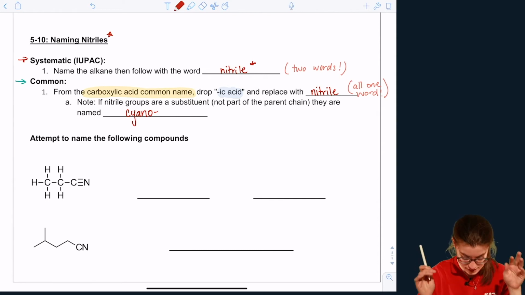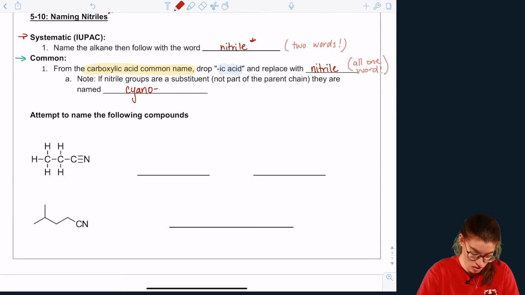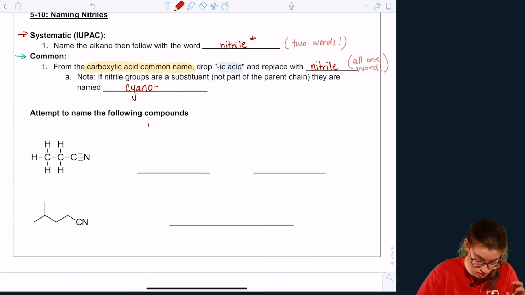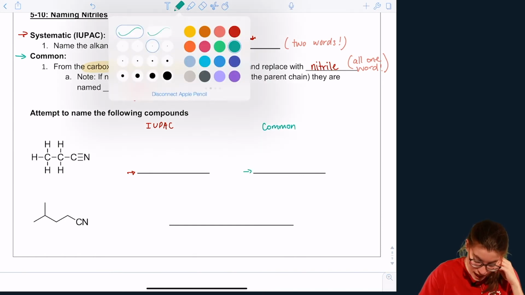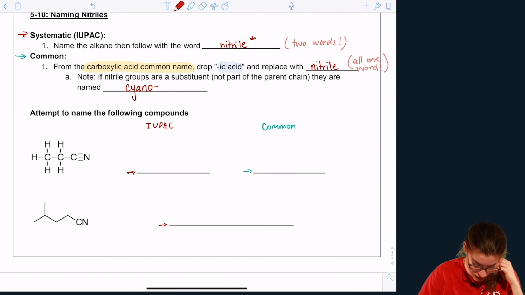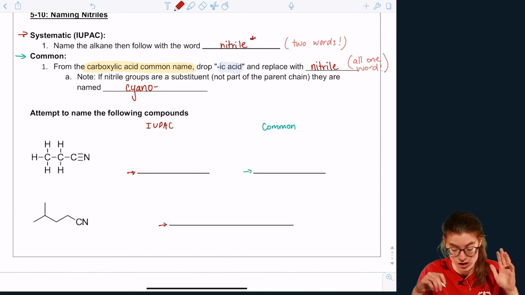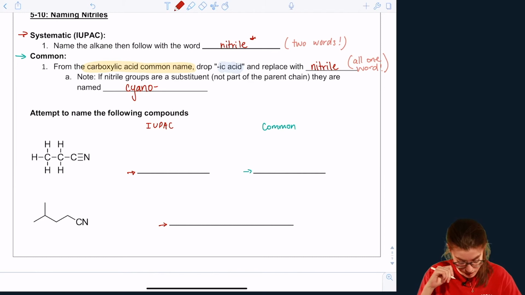All right, so let's get to some examples here. We have two examples. For the first one, because it's very simple, we're going to name it the IUPAC way first, and then we'll come back and name it the common way second. For the last one though, since it is pretty complex, we're not going to name it the common way. We're going to name it the IUPAC way.